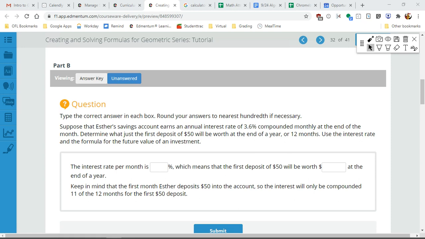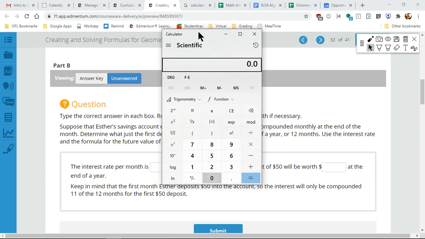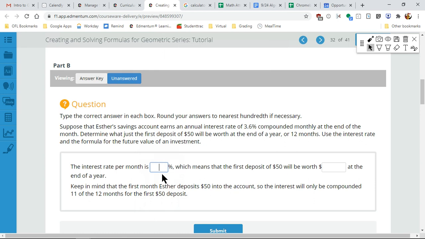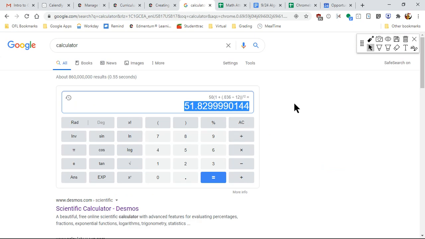They want to know the percentage per month. So 0.036 divided by 12. Oh, my bad. They want the percentage. They're getting really picky on this. So 0.3%. How much does she get paid a month? 0.3%. How much is it worth after a year? Well, that's that big old thing that we calculated.